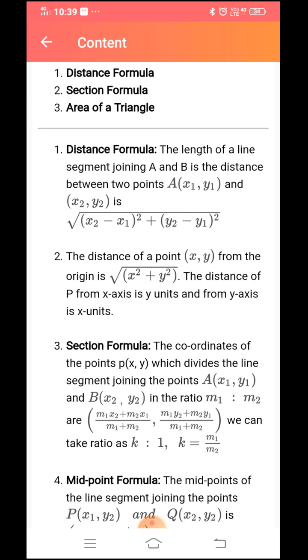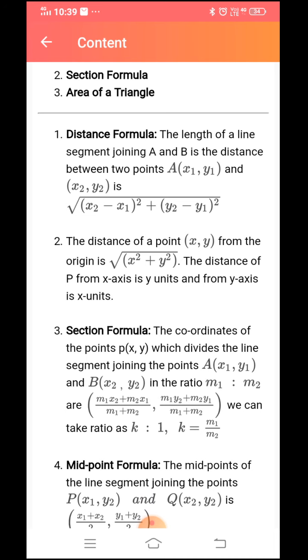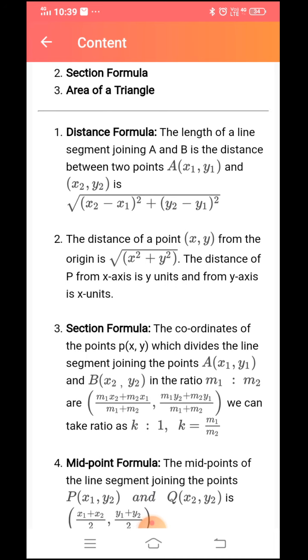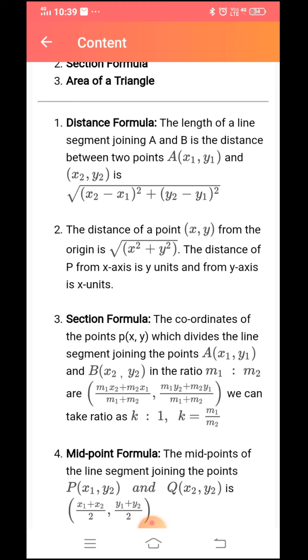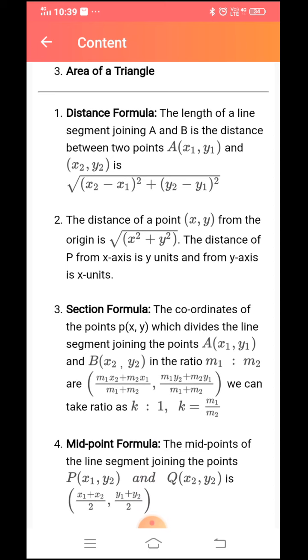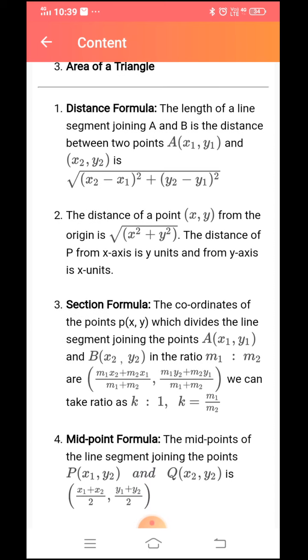The (x2 minus x1) the whole square can be written as (x1 minus x2) the whole square also. Why? Because 2 minus 4 is equal to minus 2, and 4 minus 2 is plus 2. Whether it is minus 2 or plus 2, while squaring, it is going to give a positive number only. You know very well that the square of any number, whether negative or positive integer, is a positive number only.